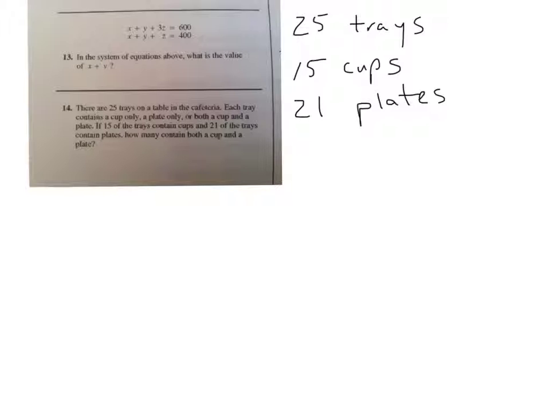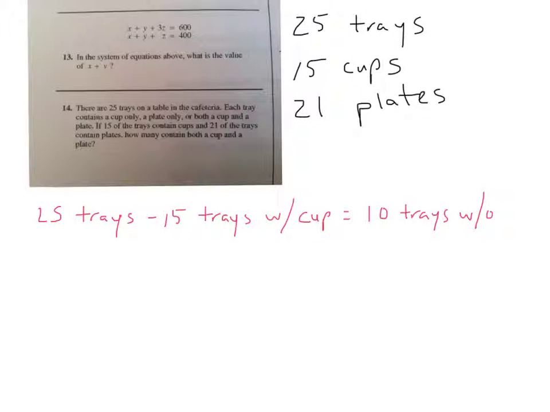Now if we take our 15 cups and distribute them out onto our trays, we will have 25 trays minus 15 trays with cups, which will leave us with 10 trays without cups. We know that these 10 trays without cups contain only plates.